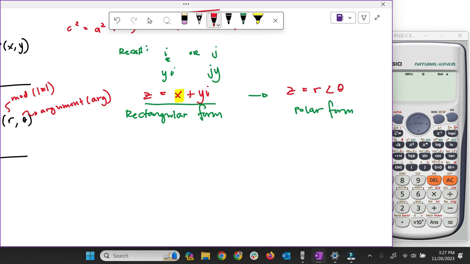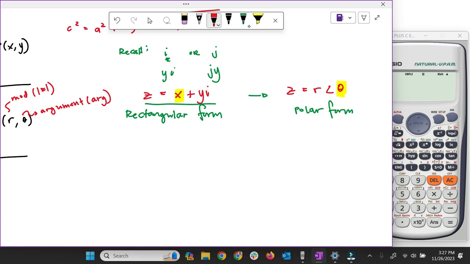Si r is the mod again, or the absolute value of z, and theta here is the argument or the phase angle. Okay? Ngayon, the question, lagi po ba dapat naka-degrees yung aking calculator kasi ito ay angle? Not necessarily. It all depends sa given. Kapag yung given mo ay may mga pi, dapat naka-radians, so ibig sabihin yung calculator mo dapat in radians mode. Pero for example, naka-degrees lahat ng values mo, i-convert mo to degrees. It depends sa given.